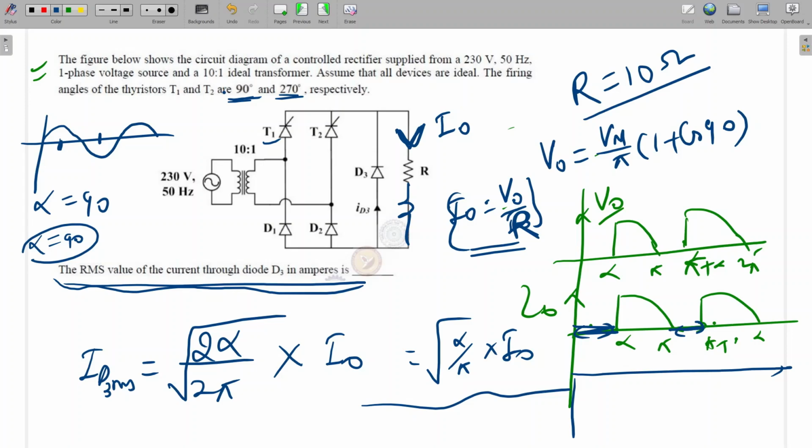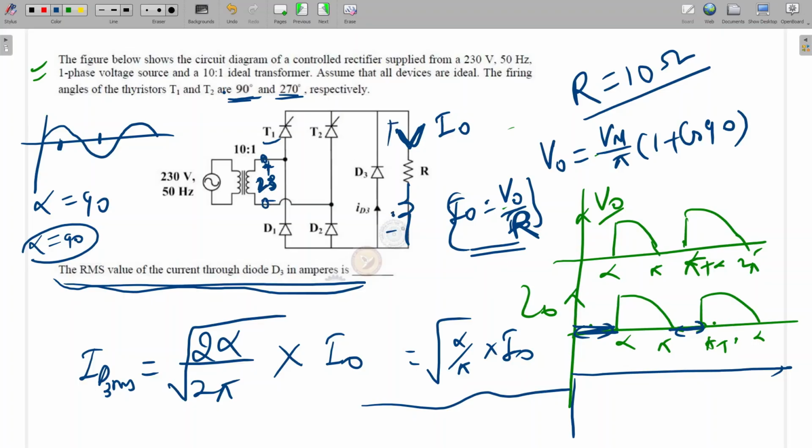Yes, sir. Here, the turns ratio is not used, sir? No, this will be used. See, here the voltage is 10 to 1, so 230 divided gives 23 here. This voltage we have to take. Whatever voltage is here, that only contributes to the output.